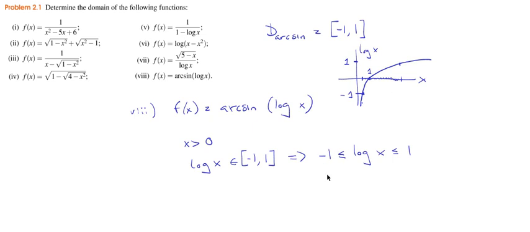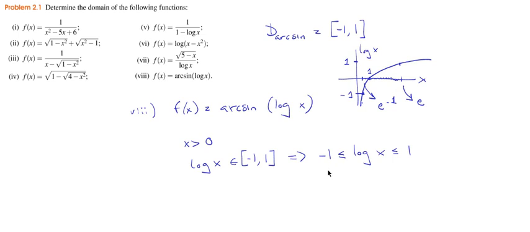So yeah, the value of x that makes the logarithm be minus 1 is e to the minus 1, okay? And the value that makes the logarithm be 1 is e, okay? Or that's the way you can do it graphically.